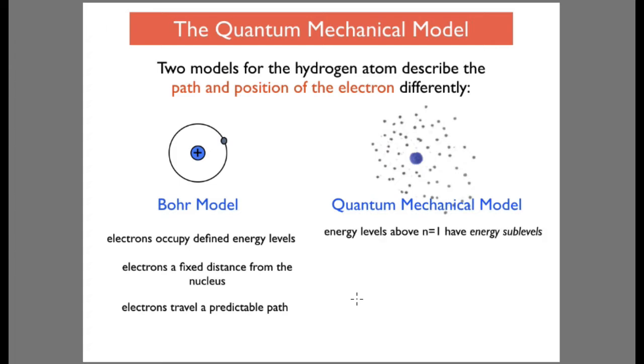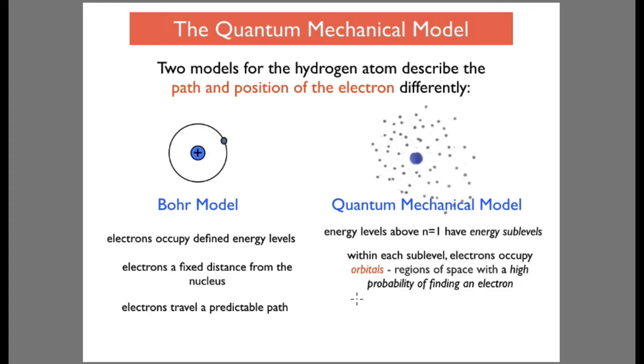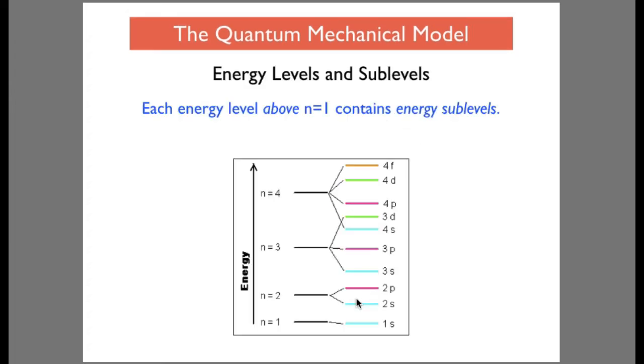In the quantum mechanical model, energy levels above the first energy level have energy sub-levels. Within each sub-level, electrons occupy orbitals, regions of space with a high probability of finding an electron. And orbitals do not have a fixed space. Electrons move randomly within these orbitals.